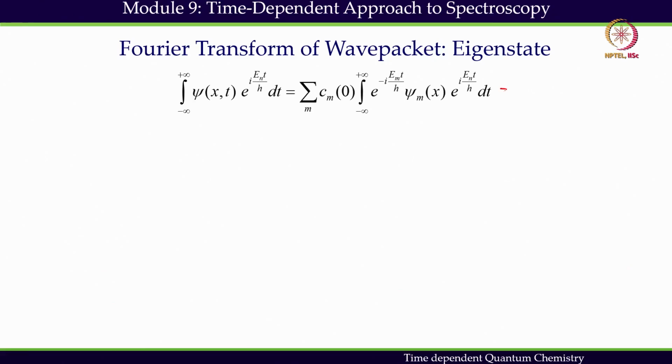this part is nothing but the sum over m of Cm0, then minus infinity to plus infinity e to the power minus i omega m t, then psi m x, then e to the power i omega n t, then dt. That's the integration we have.